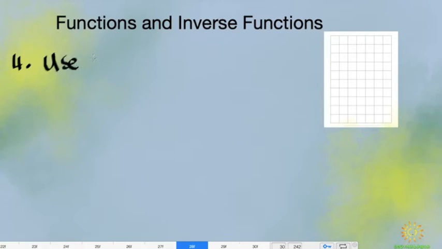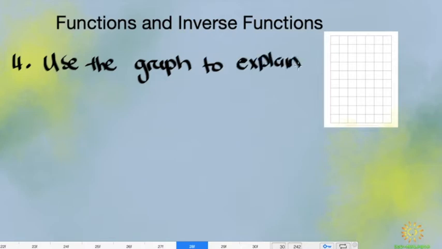Question number 4. We had previously explained that although we're doing graphs, functions, and inverse functions, we still need to do a straight line vertical test to test whether or not it is a function. It all falls under the same topic, a function.